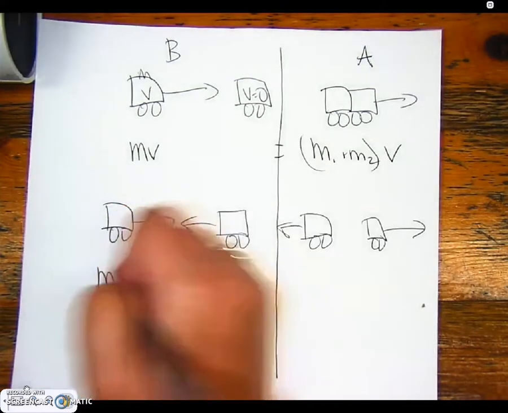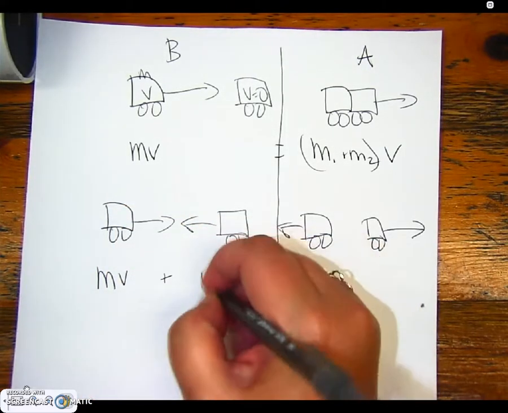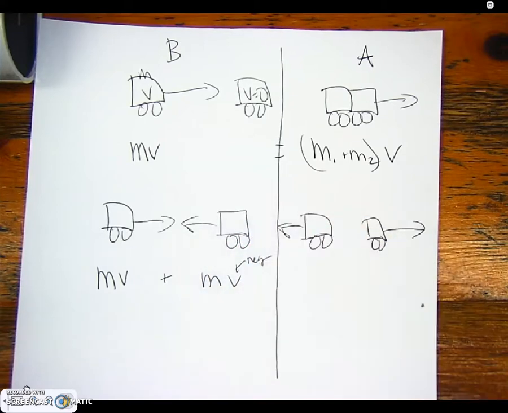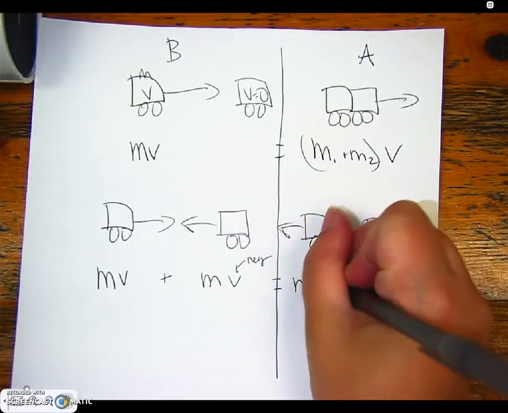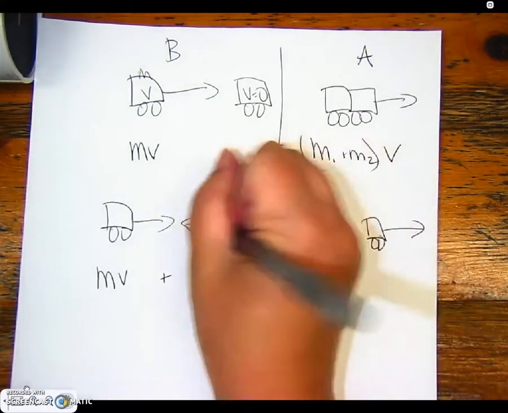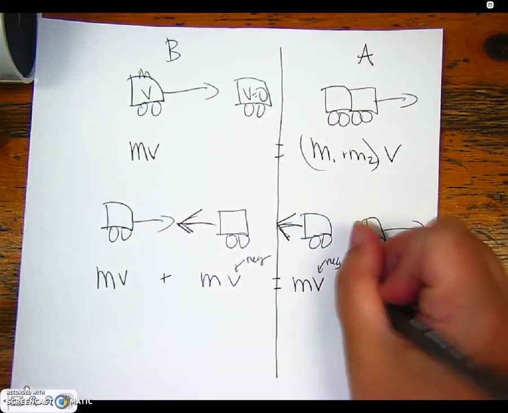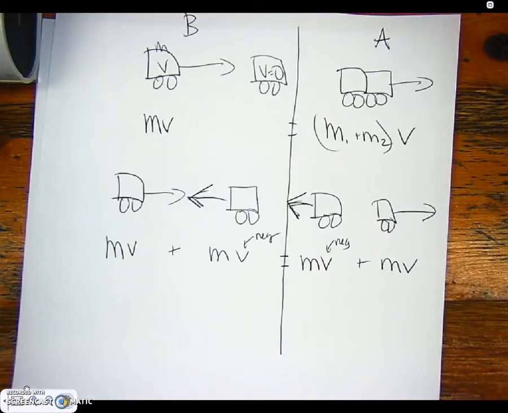So we would have m times v for this guy, plus m times v for this guy, but we would want to make one of these negative. That must be equal to the m times v of this guy, and just because their arrows are pointing in the same directions, we know that this would be negative, plus the m times v of this guy.